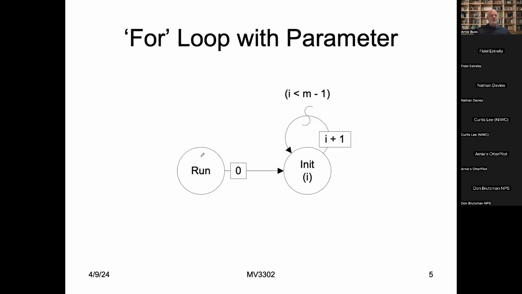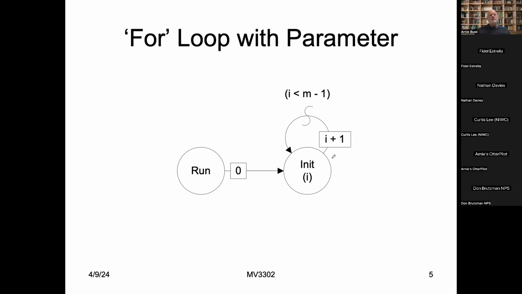Run will now schedule what I'm calling init. You can call it anything you want, but unlike run, this is just an arbitrary name. So run will schedule an init, passing it the value 0.